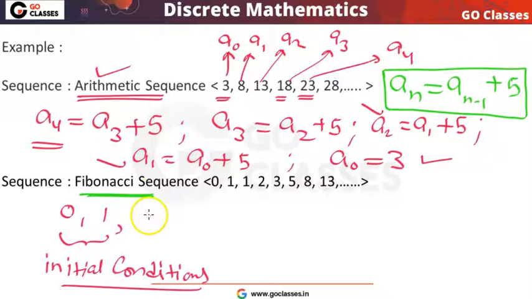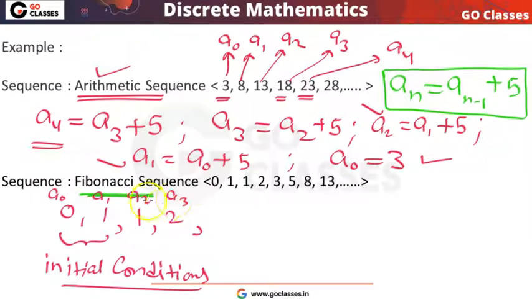Now you can notice that any term I write depends on the previous two terms. For example, this is A0 and this is A1, and now A2 is the summation of A0 and A1, so A2 is 0 plus 1. Now A3 is the summation of A2 plus A1, so that is 2.